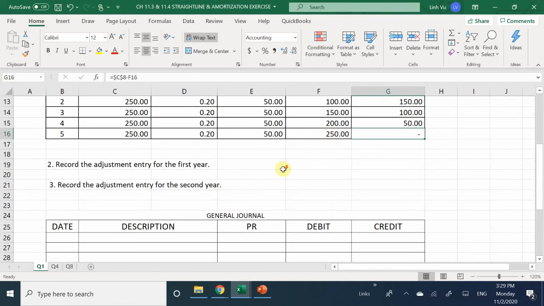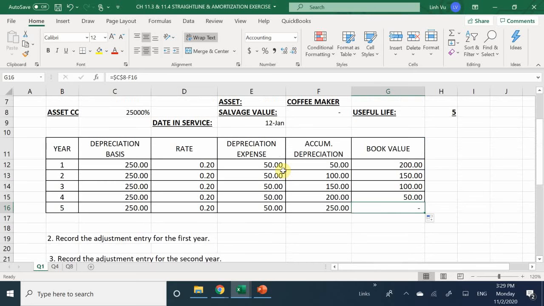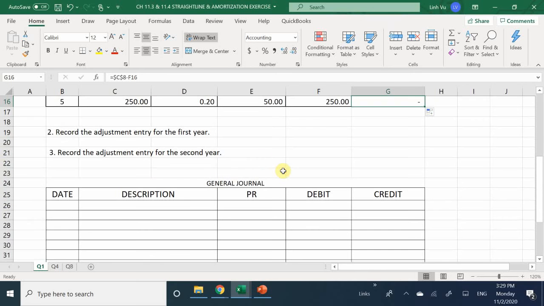Okay, so let's go ahead and journalize it for the first and second year. What do we know about the first and second year? They're going to look the same. So what's my journal going to be?